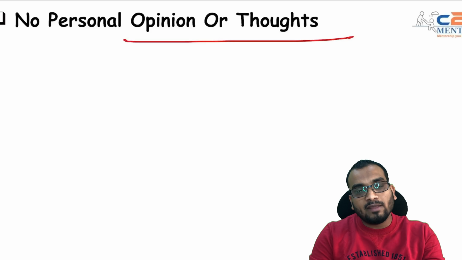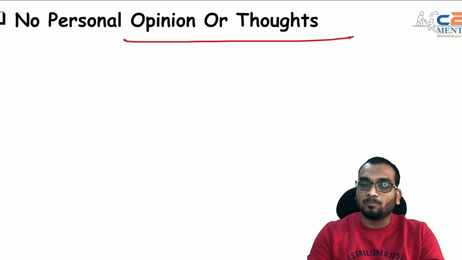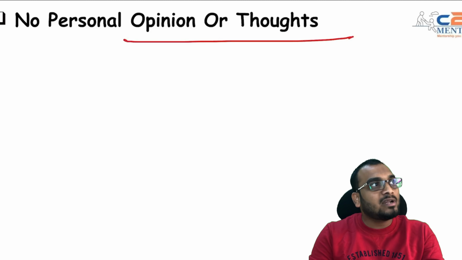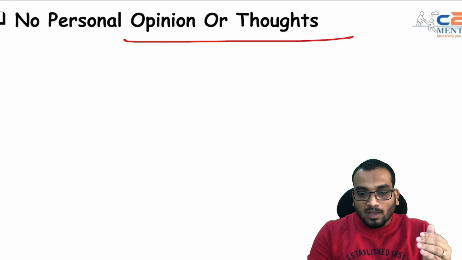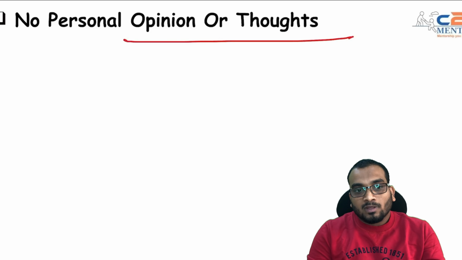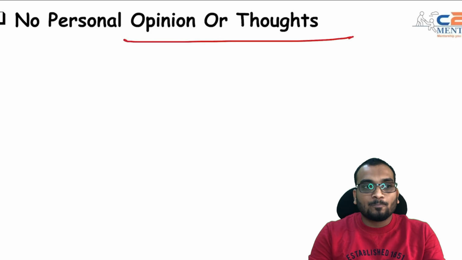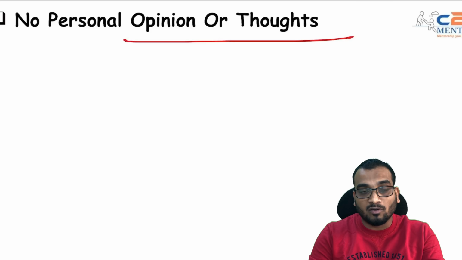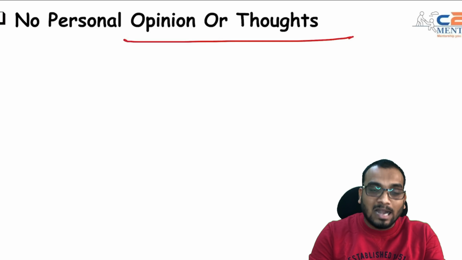Whenever you see that an option is the universal truth, I'll cite an example very quickly. Let's say there is a bank, and that bank is now going bankrupt. Fine. So one option is that the central bank of that country, or the apex institution of that country, should help that particular bank.